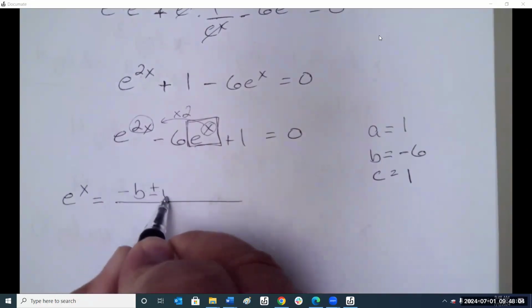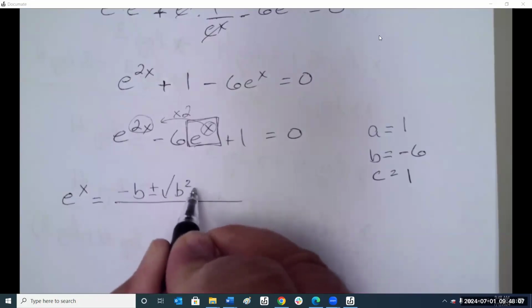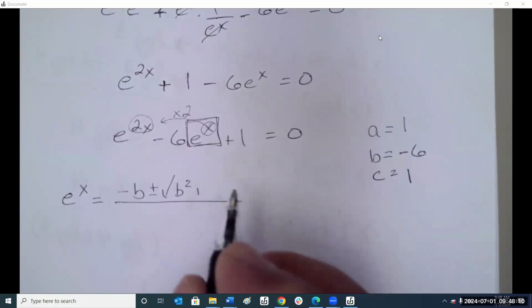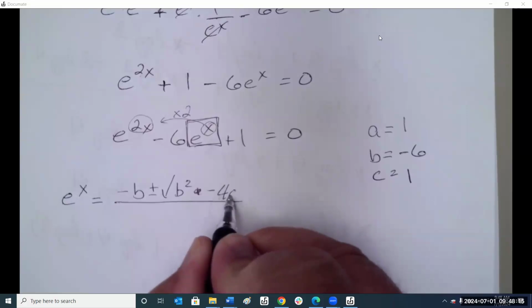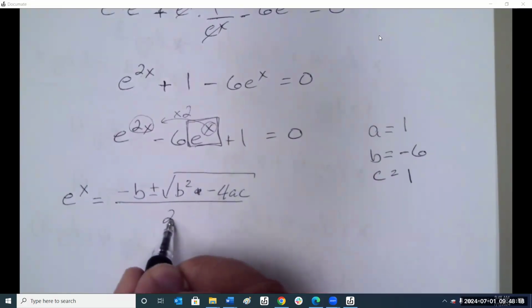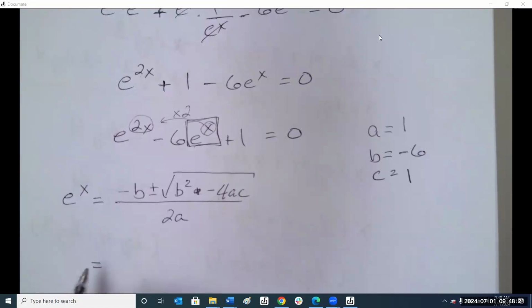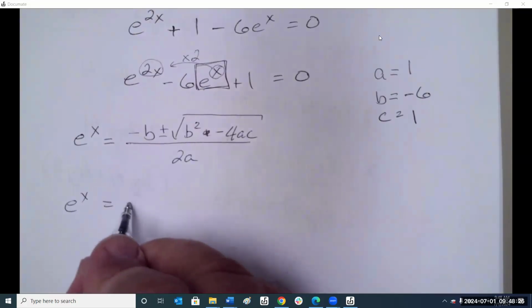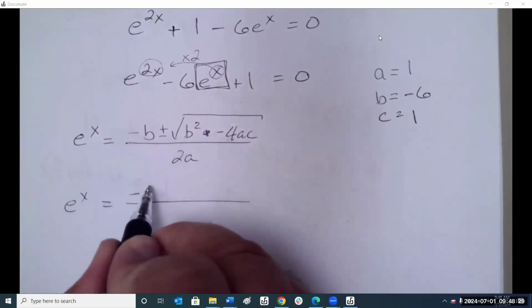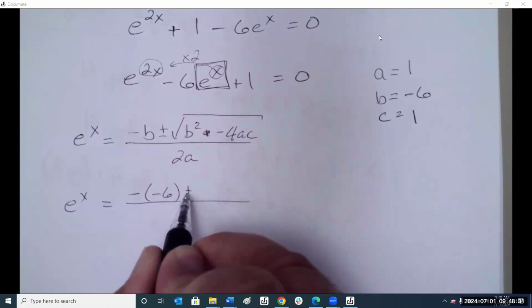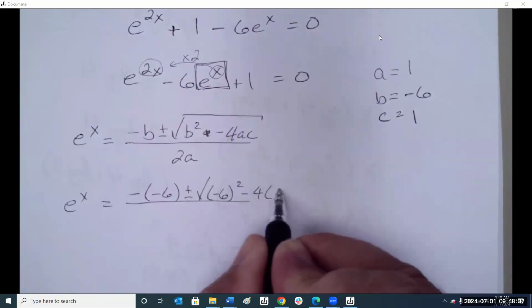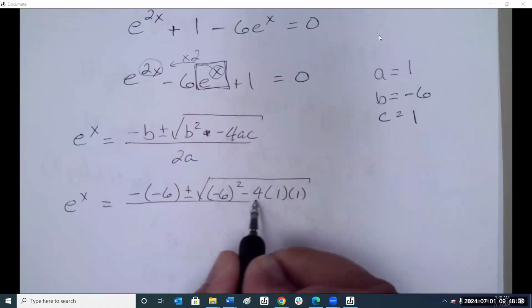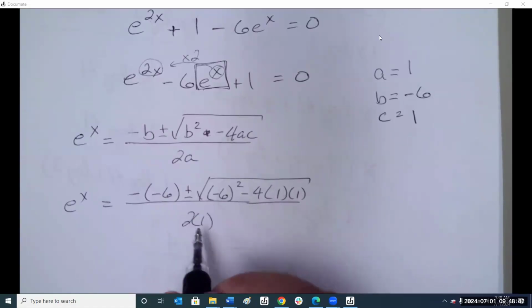Negative b plus or minus the square root of b squared minus 4ac over 2a. So plug things in there. So we have minus of a -6 plus or minus the square root of -6 squared minus 4 times 1 times 1 over 2 times 1.